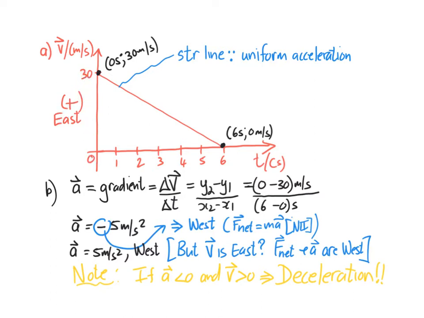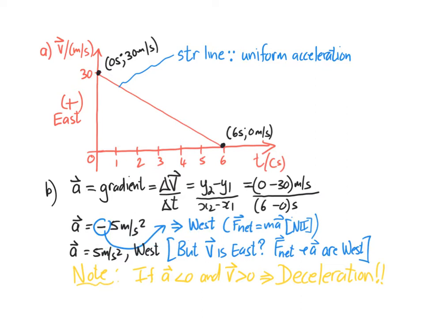The motor vehicle is moving in the easterly direction, and even though its velocity is decreasing, it is decreasing in a positive direction. So the motor vehicle has not changed direction, it has gradually slowed down in the easterly direction. So what does this minus sign mean? Well, the minus sign means that the acceleration is west.